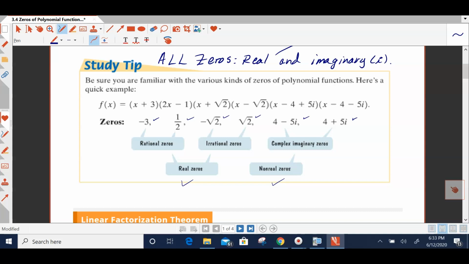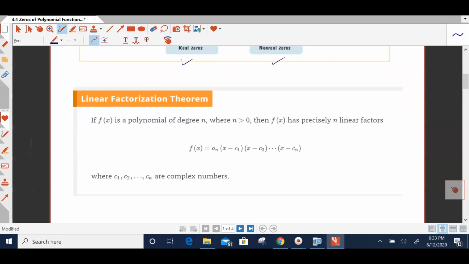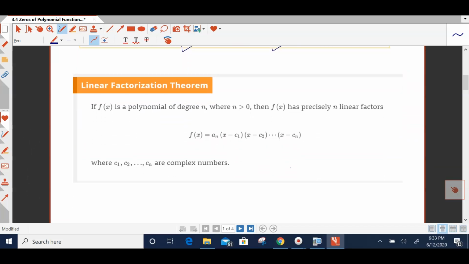Now remember, in the past, we always said an nth degree polynomial would have exactly n zeros. Well, it also means it will have exactly n linear factors. So just a couple of notes.